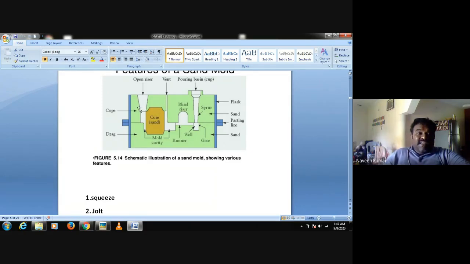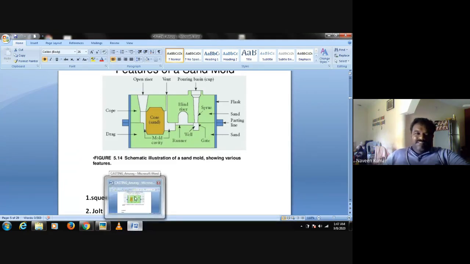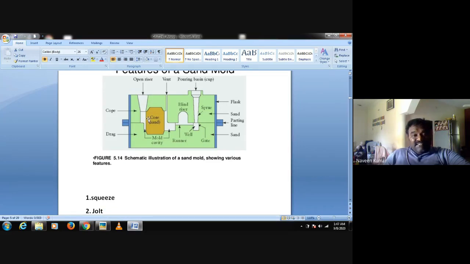By the time it gets completely solidified, all those unwanted gases should leave the mold cavity. Would these gases leave by then? It is very difficult for them to leave because the material is completely fixed. But if these gases remain within the mold cavity, it results in defective casting, and there is no point in carrying out the casting process. So, for these gases to leave the mold cavity, we need to provide some facilitation for them to leave.